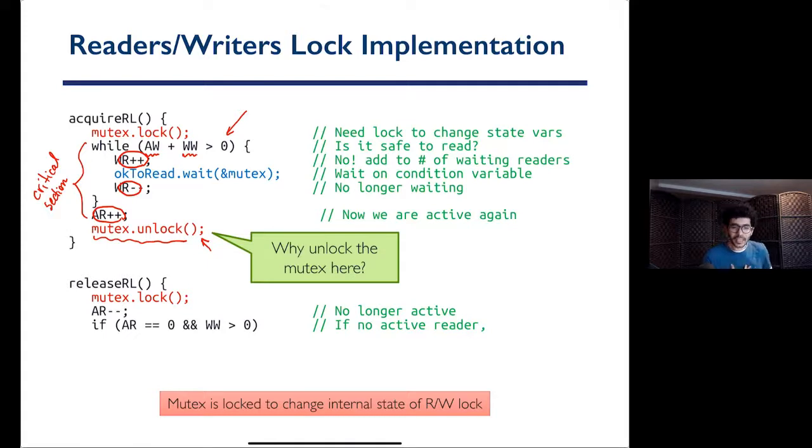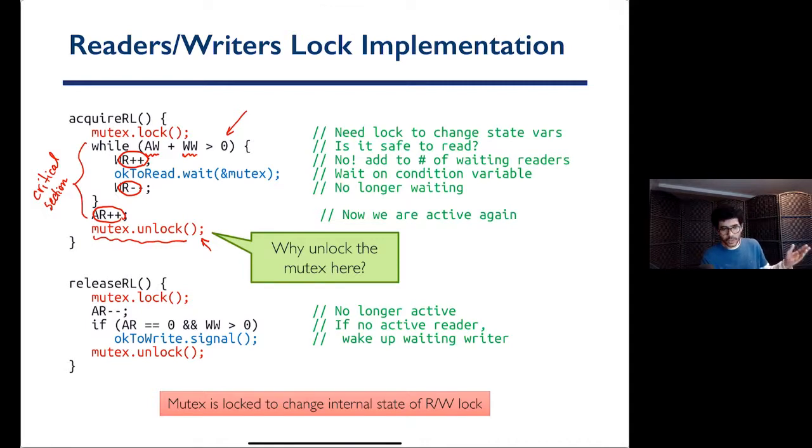If we are the last reader, and if there are some writers waiting, then we can signal them. We can tell them that they can now go and try to acquire the lock. So we do OK to write dot signal. Again, this happens only if we are the last reader and if there are writers waiting. Otherwise, we're done. We just do AR minus minus and we get out. And before getting out, we release the mutex.